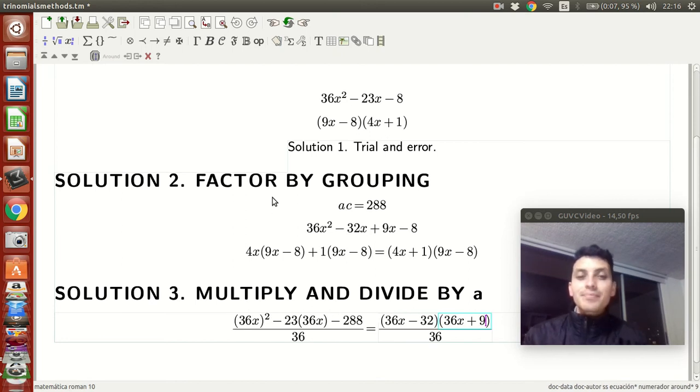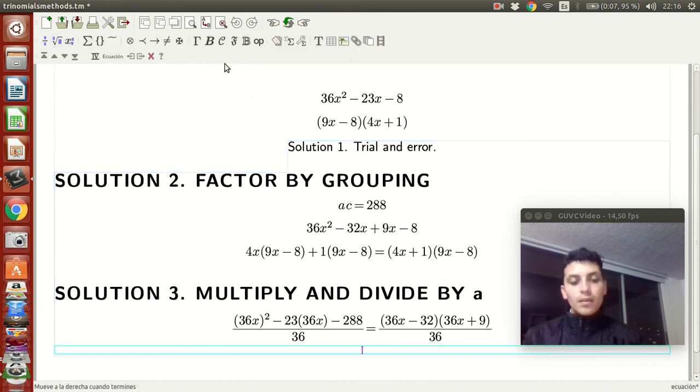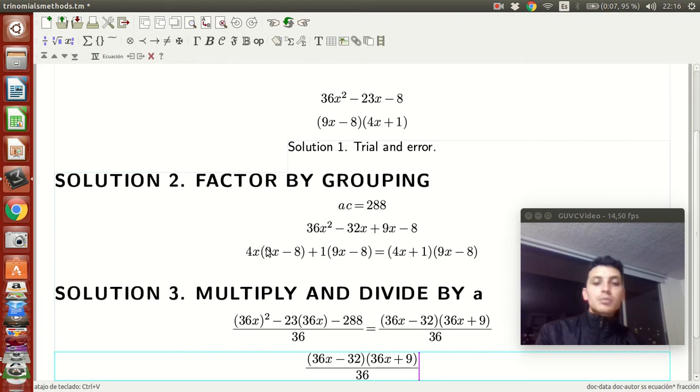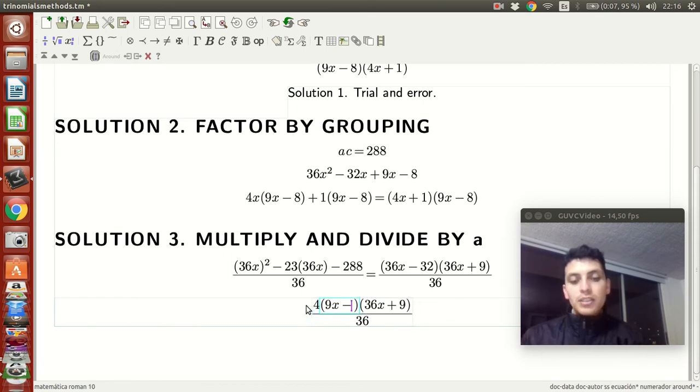And simplify. I'm going to show you how to simplify the expression. So we have here 36 and 32. We're going to apply the GCF. GCF is 4. So we have 9x minus 8.